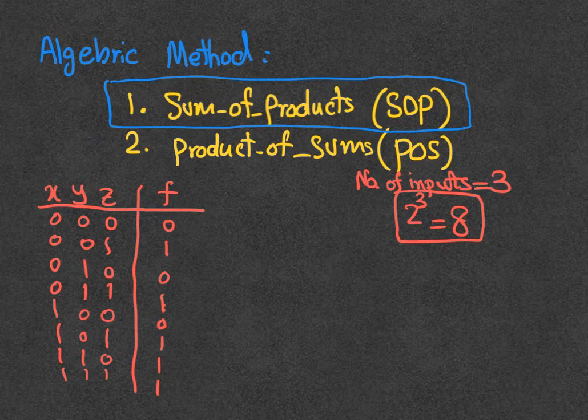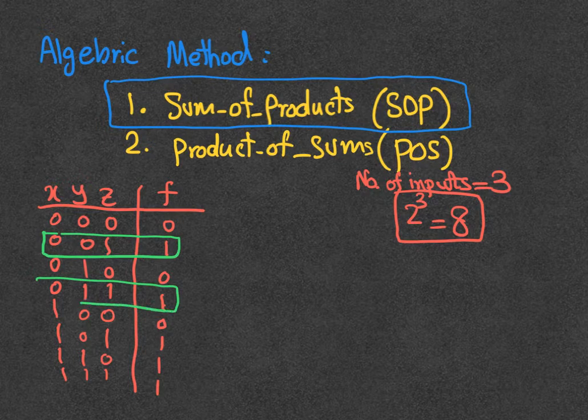So let's say you want to find the functionality, the Boolean expression of your circuit using sum of products, SOP. What you can do is basically focus on the rows of your truth table where the output is 1. So it means this row and the last 3 rows.